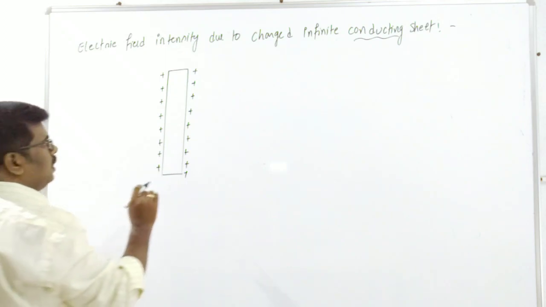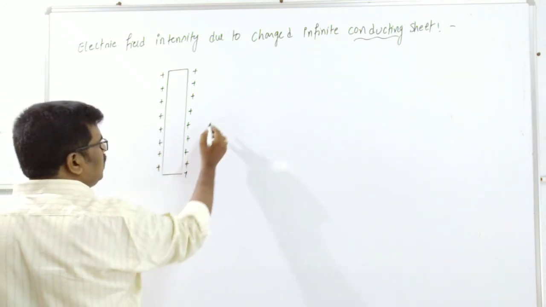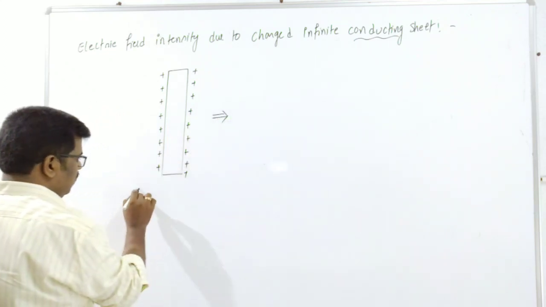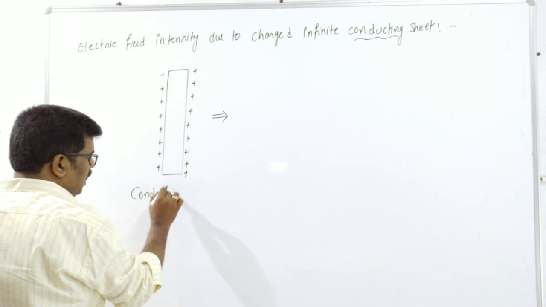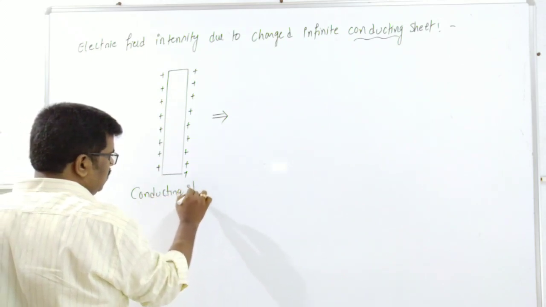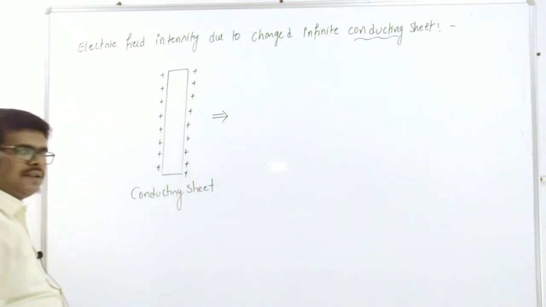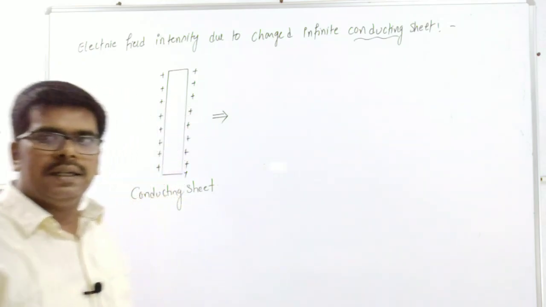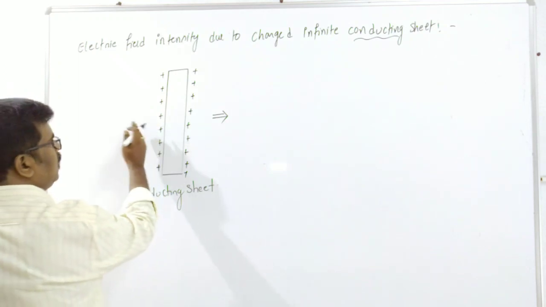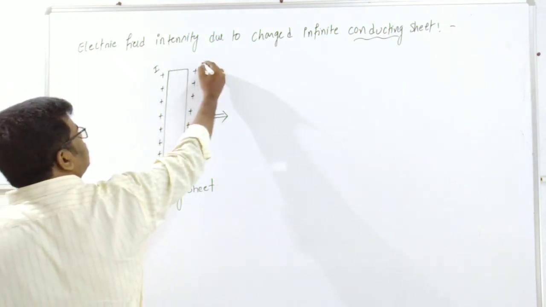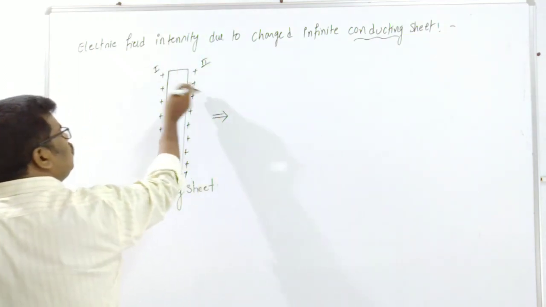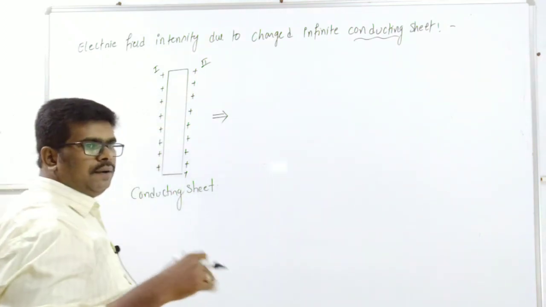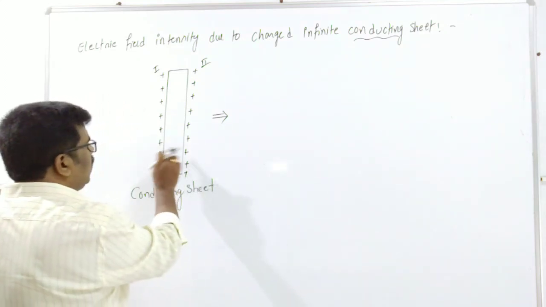Then you can imagine that this can be treated as a conducting sheet. This conducting sheet is a combination of two non-conducting sheets. So this one, if you take as 1, this you take as 2. These two you can treat as two different non-conducting sheets.